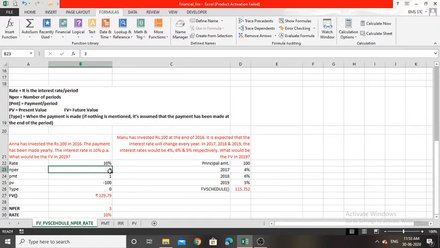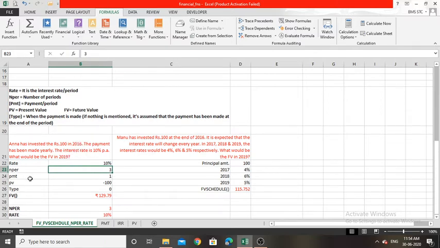Similarly, if I invest an amount of 100 in 2020 and find the future value in 2023, the difference is 3. So this 3 denotes the difference between 2019 and 2016, since the payment happened in 2016.